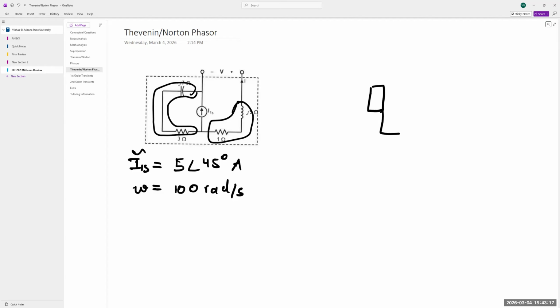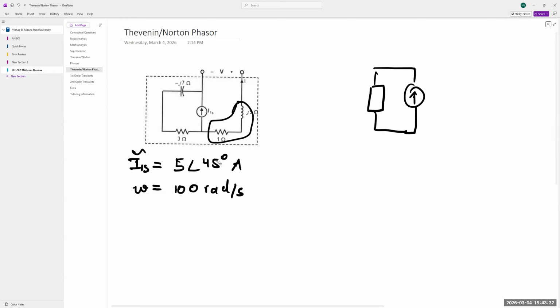So when we are combining a resistor and capacitor, it's now going to have a complex magnitude for its impedance. So we can't draw a resistor or a capacitor. We're going to draw a box. That box is going to have 3 ohm plus negative J7.